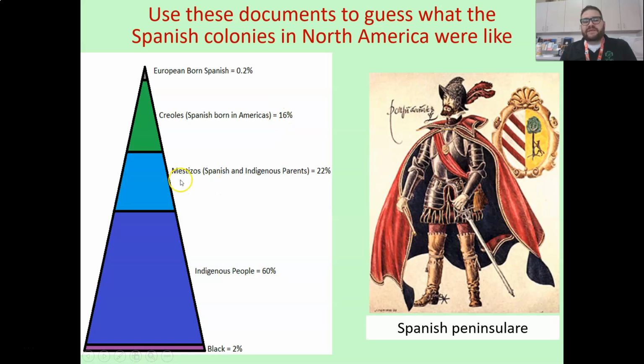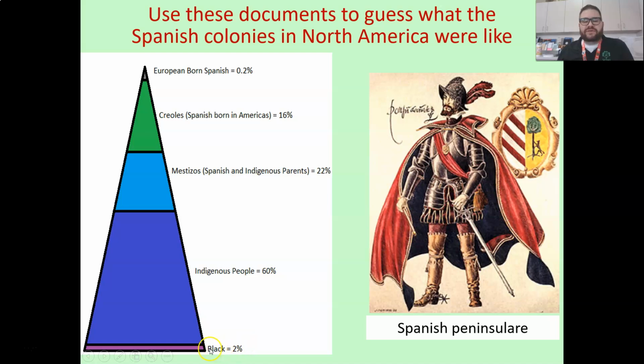16%. Mestizos were when one parent was Spanish and the other parent was of an indigenous society or a Native American group. And those people made up 22%. Then we see the indigenous population, 60%. So what we see immediately is that there are very few European-born settlers within these colonies, and there is a great amount more of the indigenous people.